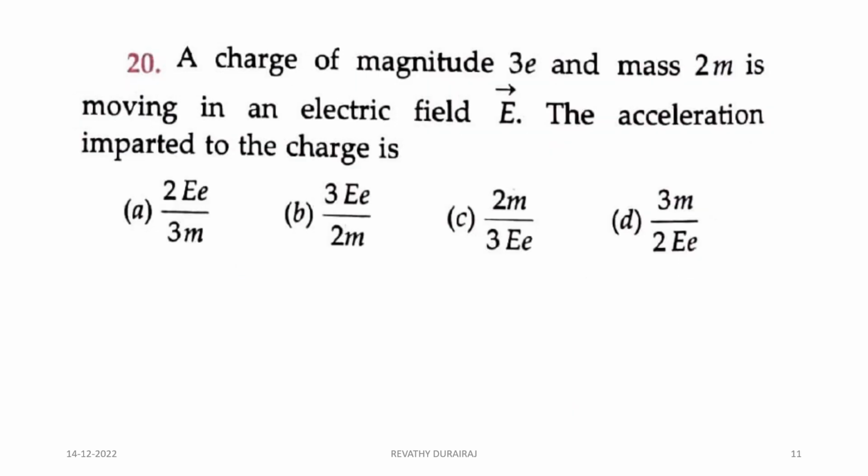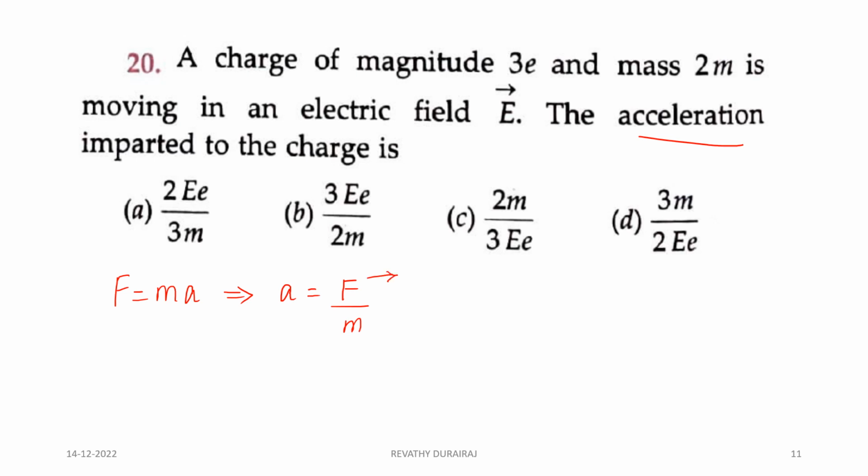A charge of magnitude 3e and mass 2m is moving in an electric field. Now we have to find out the acceleration of the charge. So to find out the acceleration, we are going to use the F equals ma formula. So from there we can write a equals F by m.